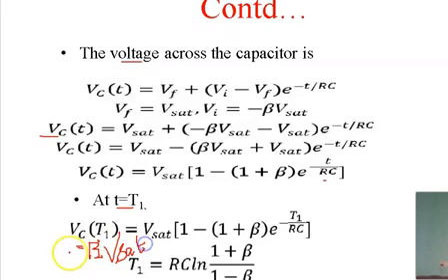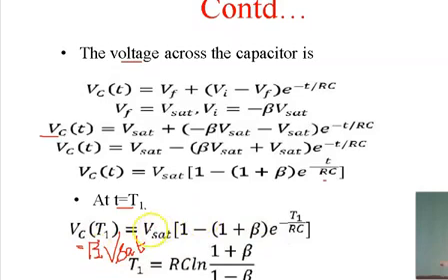Since Vc of t1 is equal to beta into V saturation, we got it of the form beta V saturation is equal to V sat into 1 minus 1 plus beta into e power minus T by Rc. We got this expression by assuming that at time instant t is equal to T1, the voltage across the capacitor is equal to beta into V saturation.